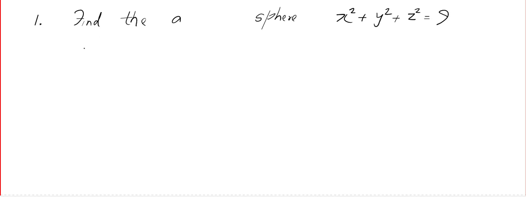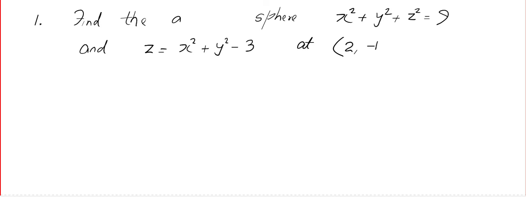Find the angle between the sphere x square plus y square plus z square equal to 9 and the surface z equal to x square plus y square minus 3 at the point (2, -1, 2).